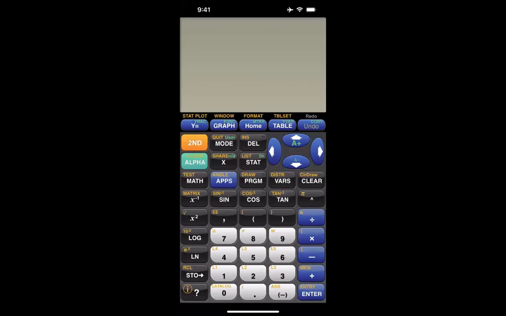All right, so I think the simplest way to enter this formula is in pieces. So I'm going to put 1.005 to the power 24 and then subtract 1.